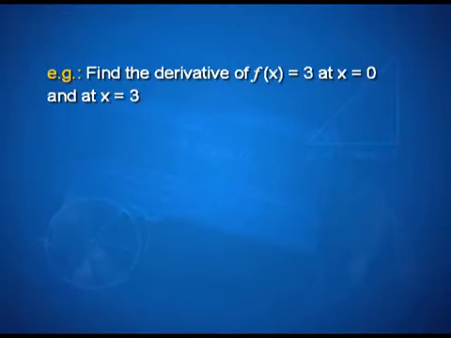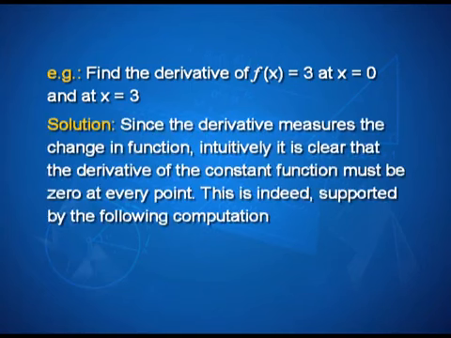Let us look into one more example. Find the derivative of f of x is equal to 3 at x is equal to 0 and at x is equal to 3. For the solution, since the derivative measures the change in function, intuitively it is clear that the derivative of the constant function must be 0 at every point.